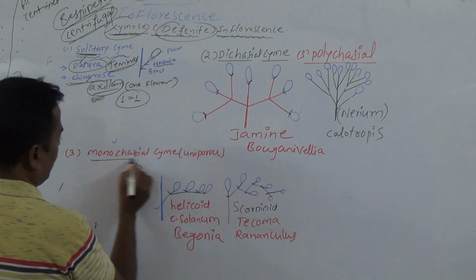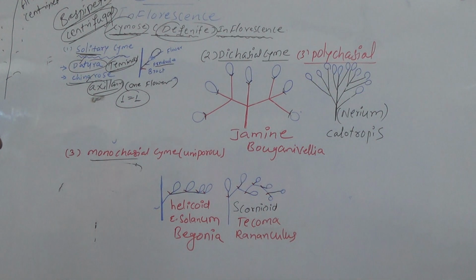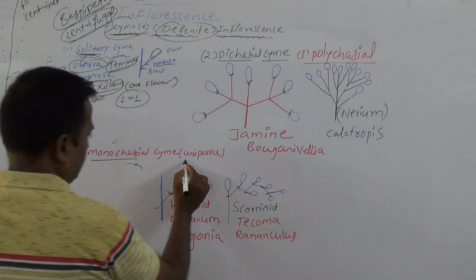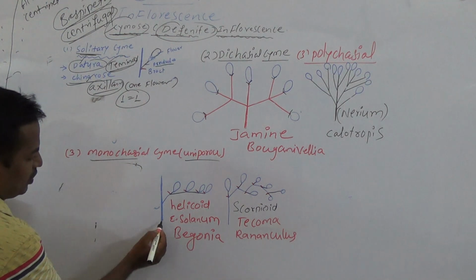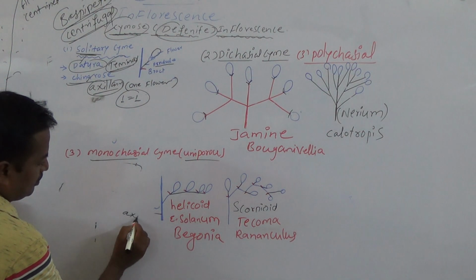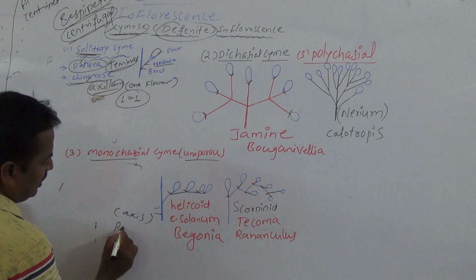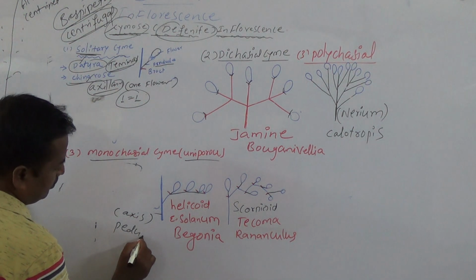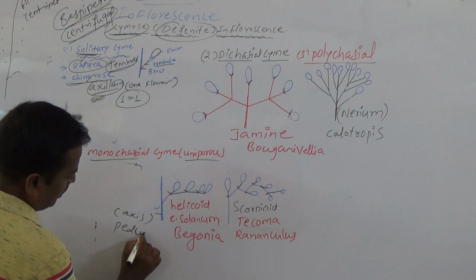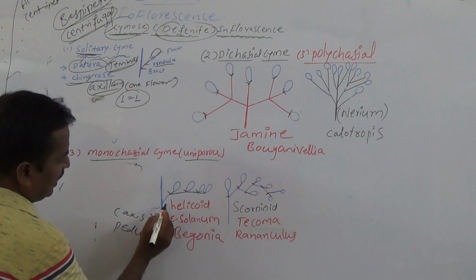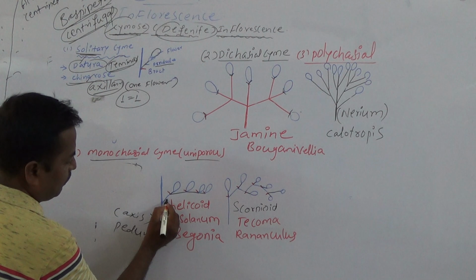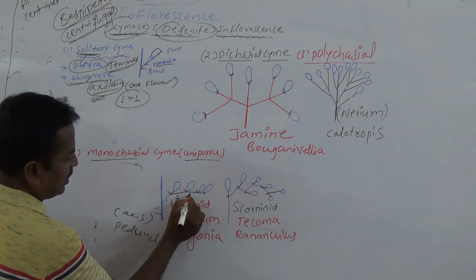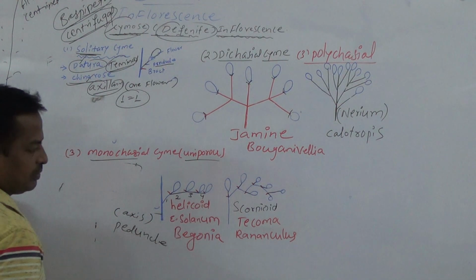The second one is monochasial cyme, or uniparous. What is monochasial? Now this is the axis, which is the peduncle. The peduncle every time produces only one branch. This is the first branch, second branch, third branch, fourth branch.